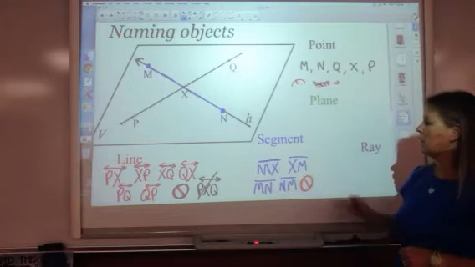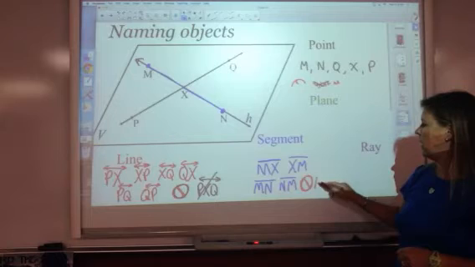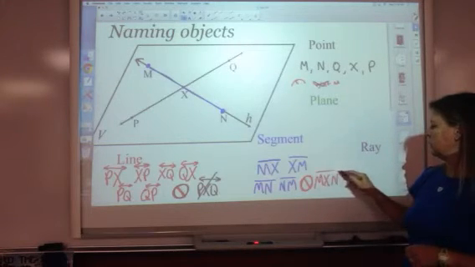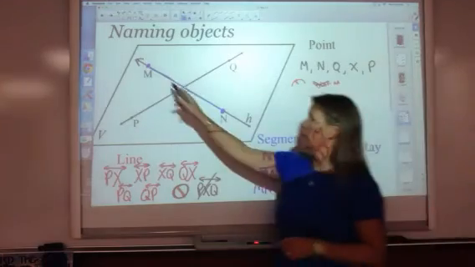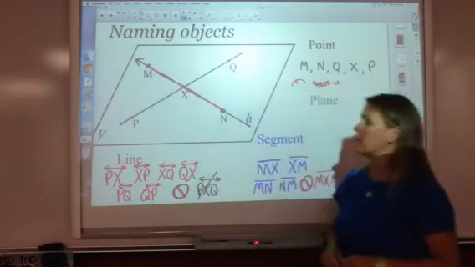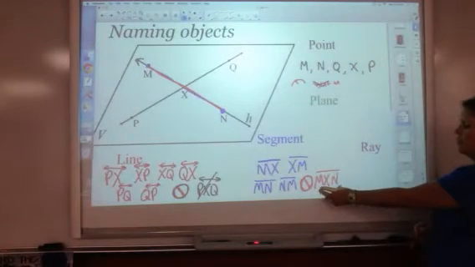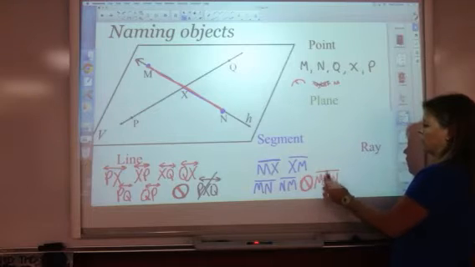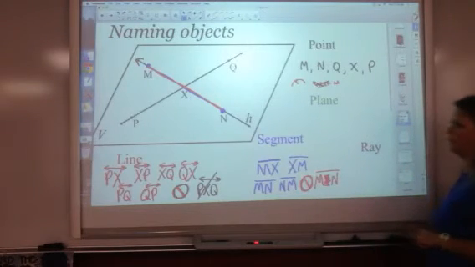You cannot call it segment M, X, N. That is not okay. Segment MX is one, XN is another, MX is a third. You do not use 3 points to determine a segment. You only want the 2 endpoints. Where did it start? Where did it end?